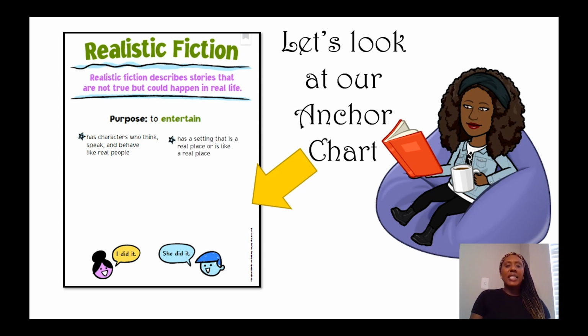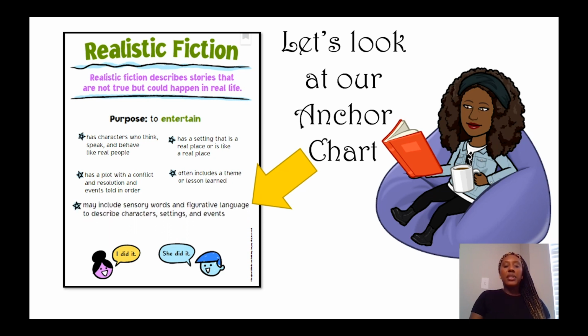It has a setting that is a real place or is like a real place. We have a plot that has a conflict and resolution, and the events are told in order. Oftentimes, these stories are going to have a theme or a character is going to learn a lesson.